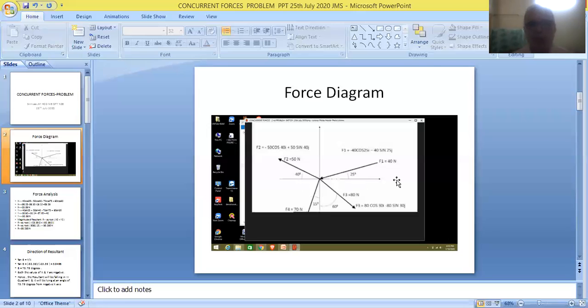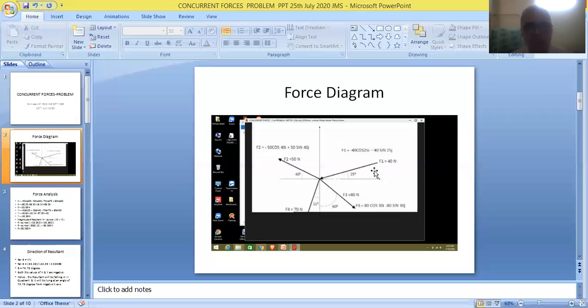So, the indication of forces F1, F2, F3, F4, and the values of forces, the magnitudes of forces, 40, 50, 80, and 70 newtons.